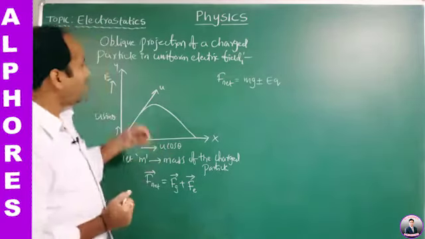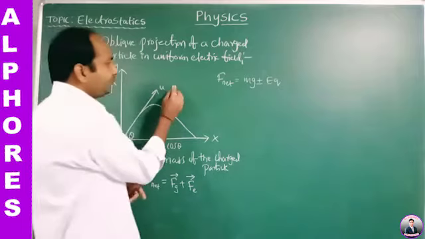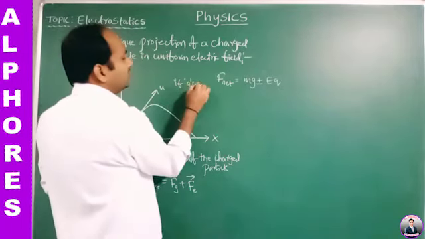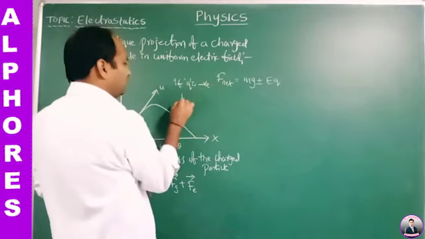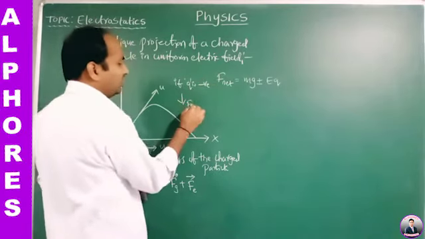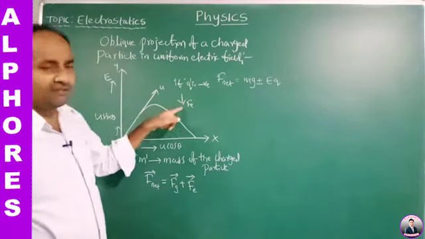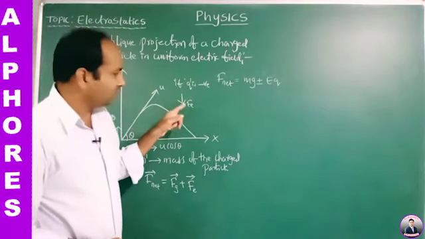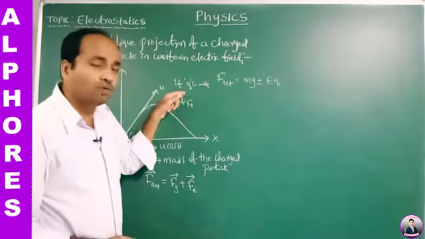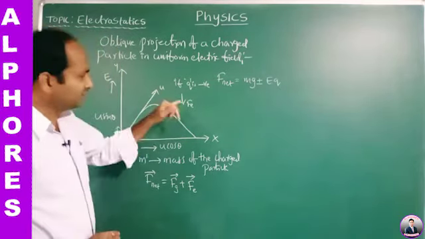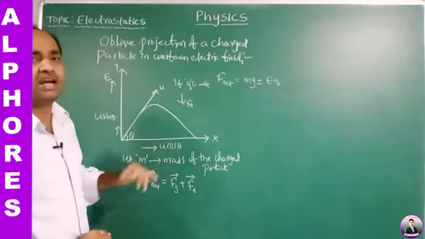Opposite to the electric field means, if Q is negative, then Fe is downwards, towards the center of the earth, that is along the direction of gravitational force.